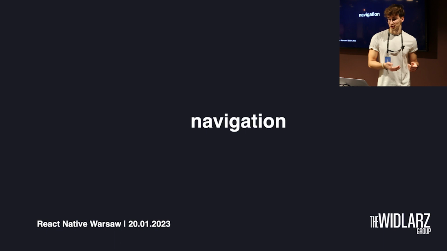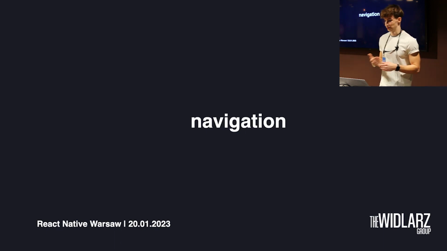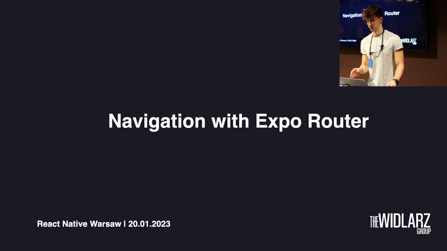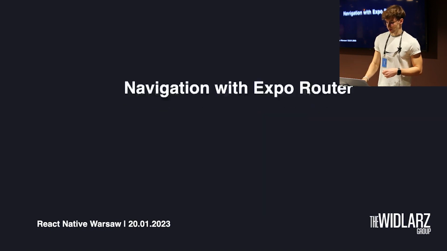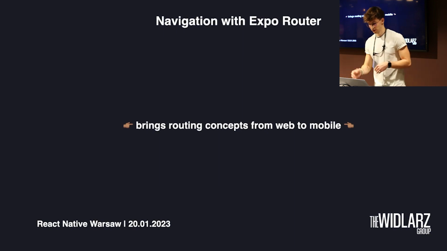For example, with Next.js, we handle navigation with files. We have a file-based navigation system. And I mentioned React Navigation and Next.js on purpose, because if we try to answer the question of how navigation with Expo Router looks like, we'll quickly realize that it's kind of the best of both worlds, because Expo Router brings some routing concepts from the web world to mobile.